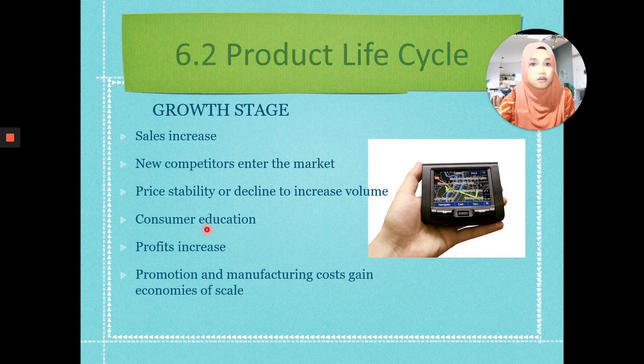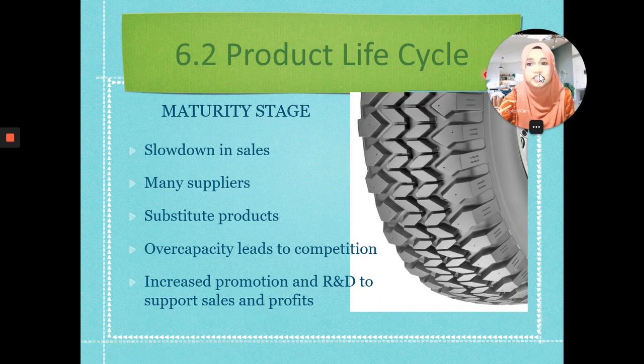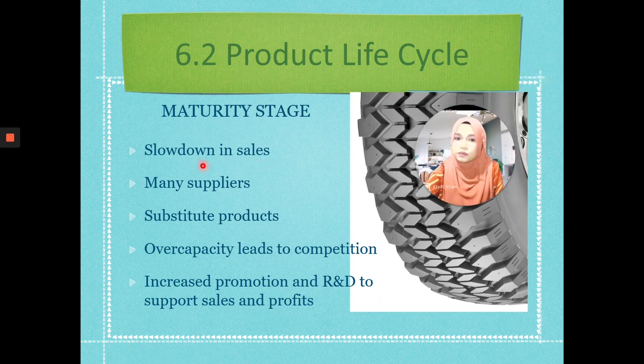Remember there are competitors now, so you need to tell your customers that your products are better than the competitors'. Profits start to increase at the growth stage, and your promotion and manufacturing costs will gain economies of scale.